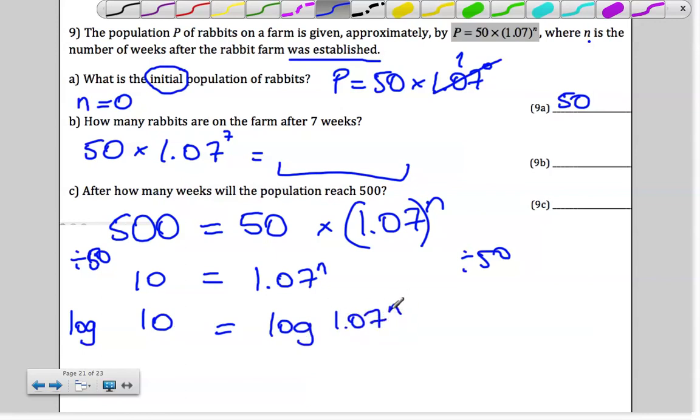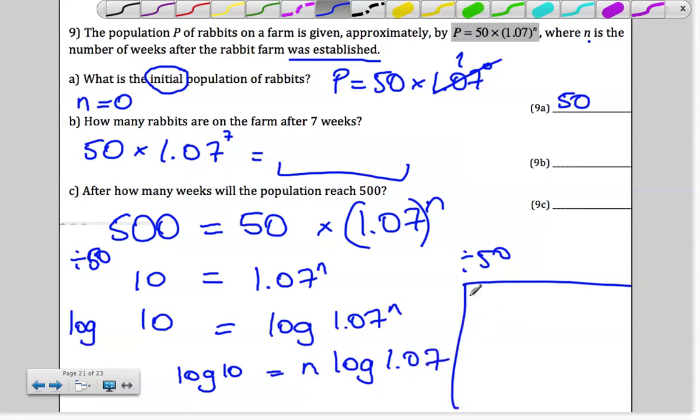I can apply my power rule that the n goes right at the beginning. Log 10 equals n log 1.07, and then making n the subject, n equals, divide both sides by log 1.07, log of 10 over log of 1.07.